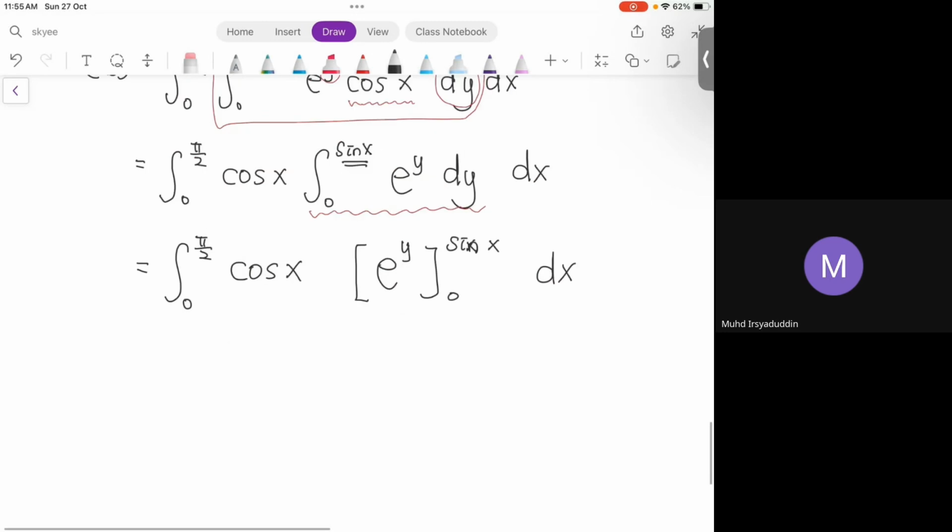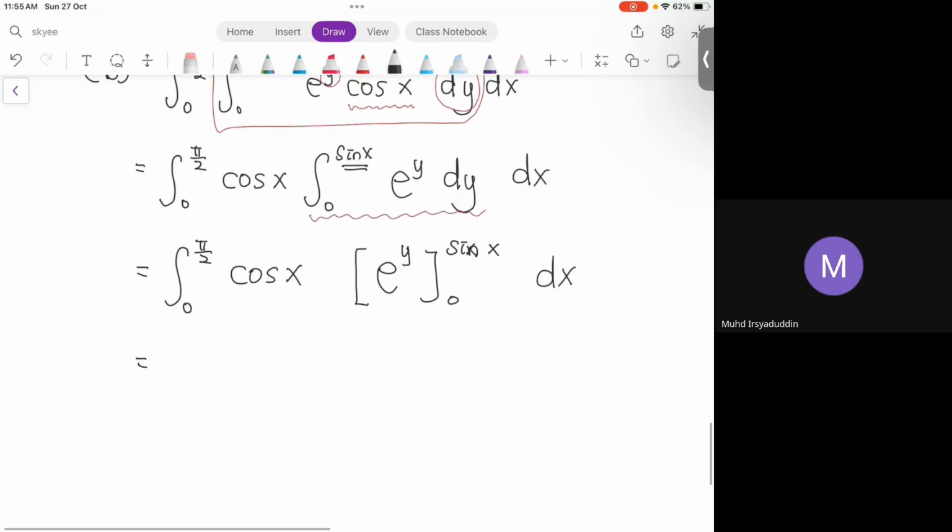Okay, so next we replace the value inside. Pi over 2, cos x, and then exponent sine x minus exponent 0. Okay?